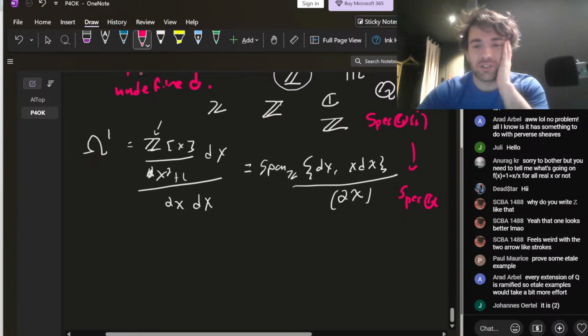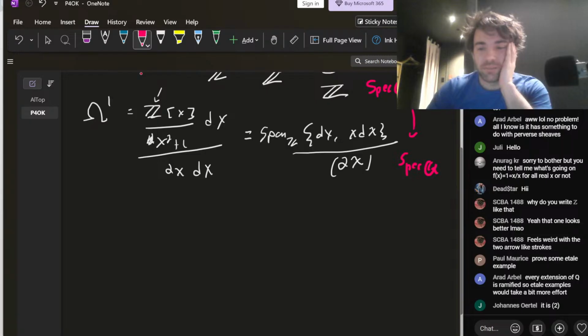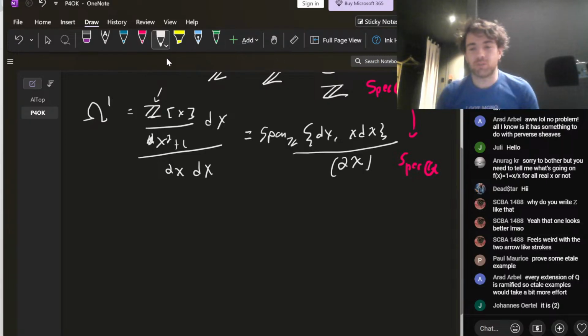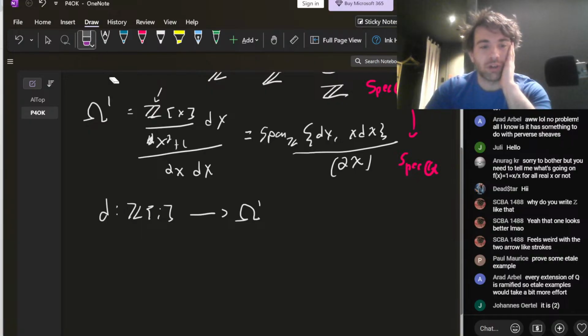It should be pretty easy to prove that that's étale. It is 2. I believe that it should be 2. That would make sense, but why? What is explicitly our differential in this case? How does the differential behave under this description?